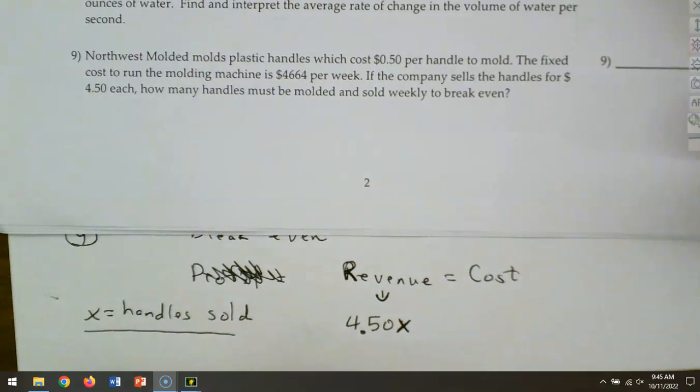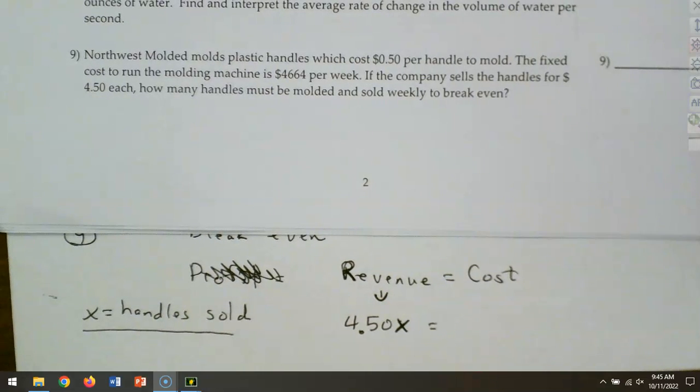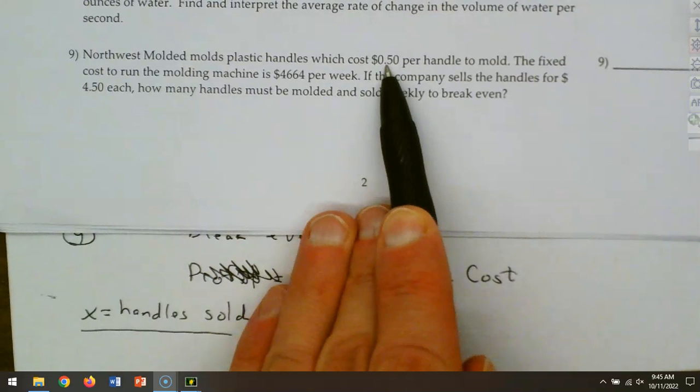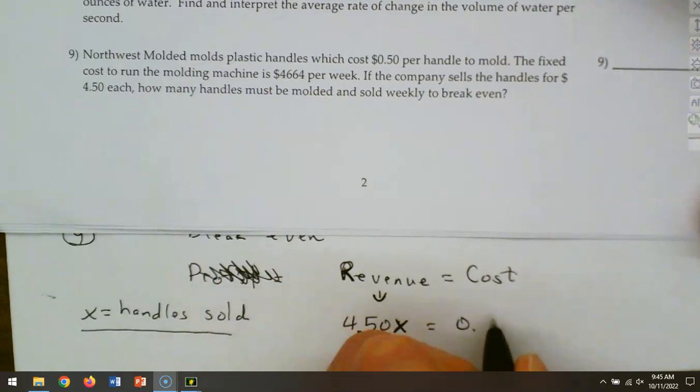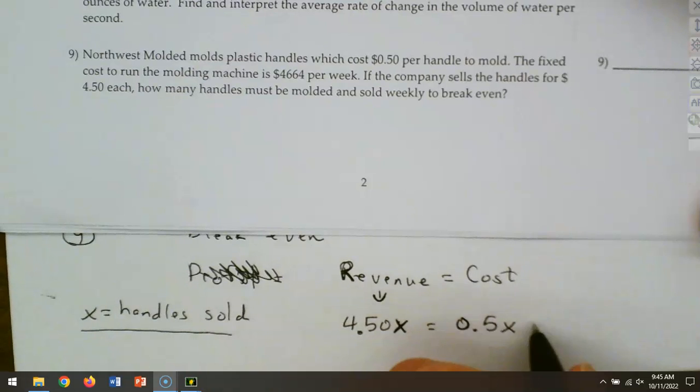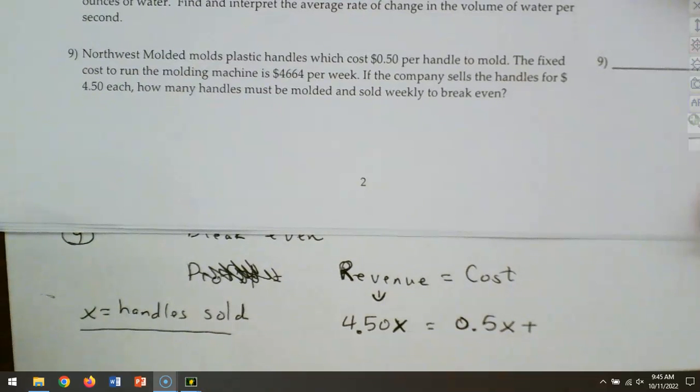Now, what about the cost? Okay, how much does it cost to mold each handle? Each handle cost me 50 cents, right? So my cost then is going to be 0.5x, but I also have a fixed cost. Okay, this is called a variable cost. The more of these I produce, the more it costs.